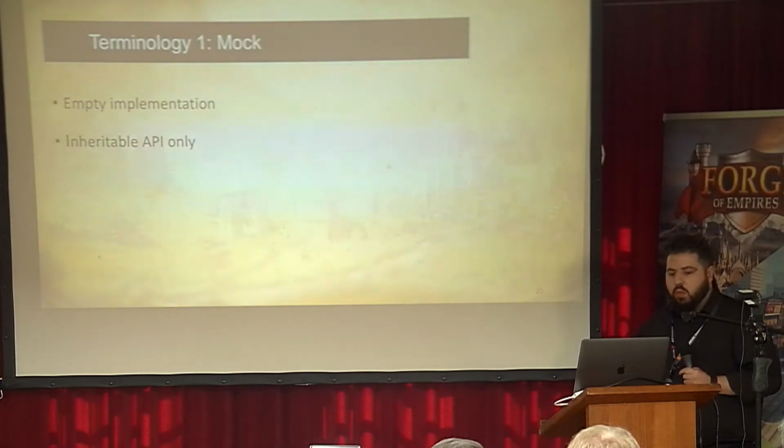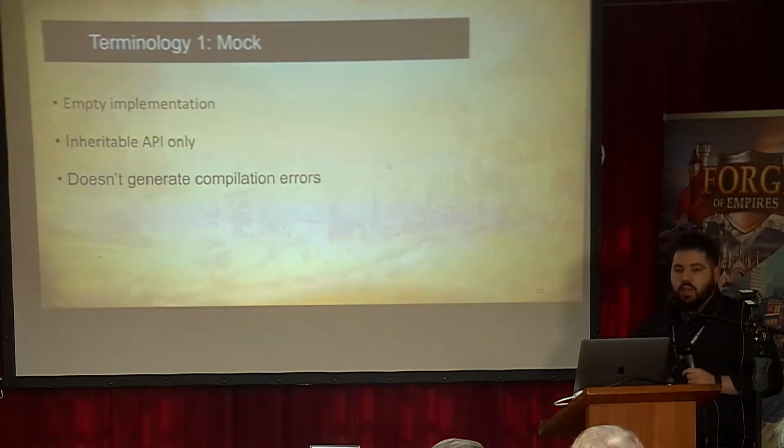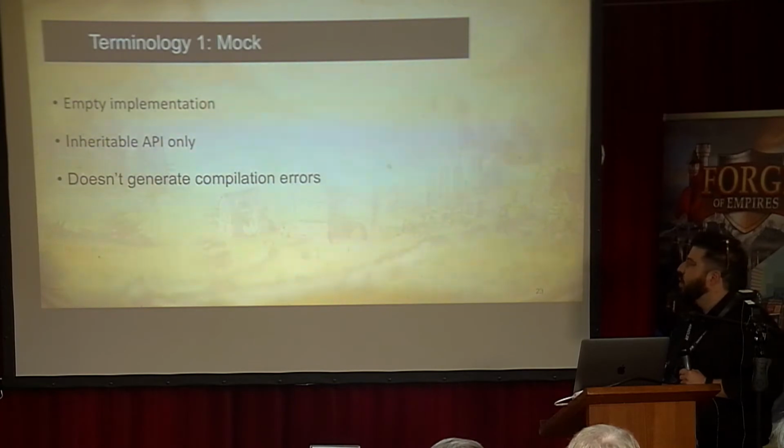Everything else is removed. And as I said, it doesn't generate compile errors. This is the most important thing that we need to keep from mocks. And finally, they are temporary, because at some point we're going to need to replace them with a concrete implementation.